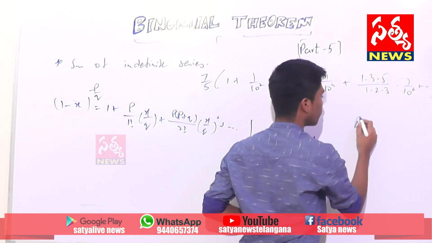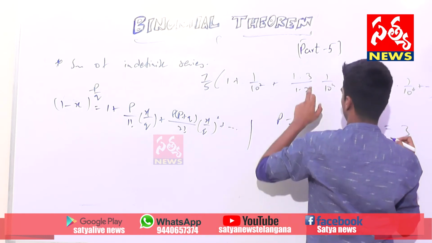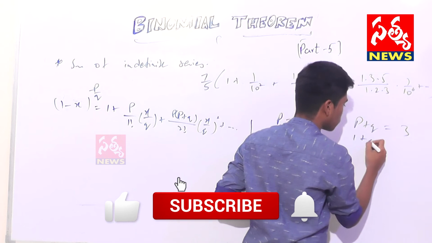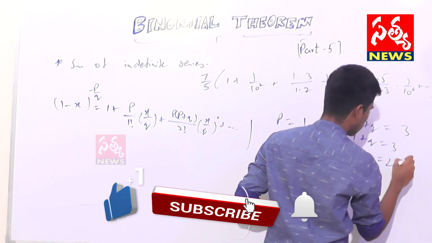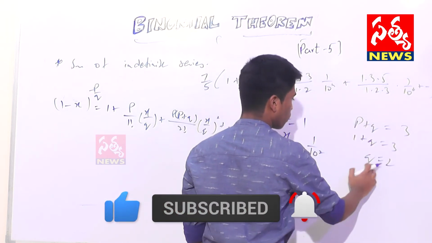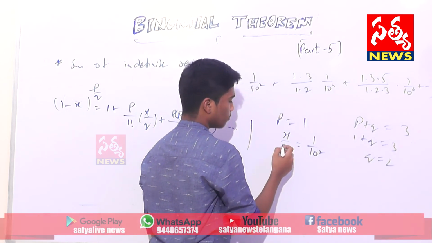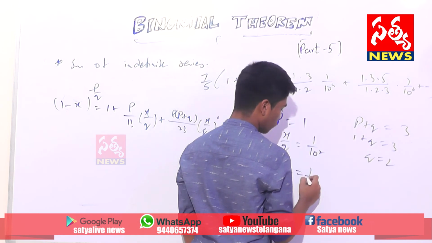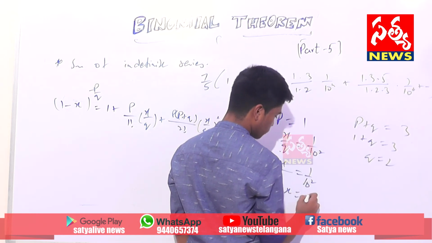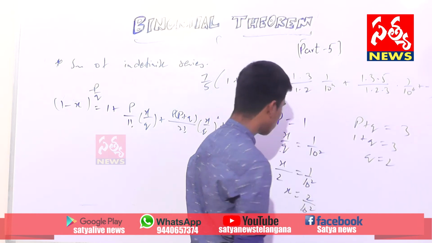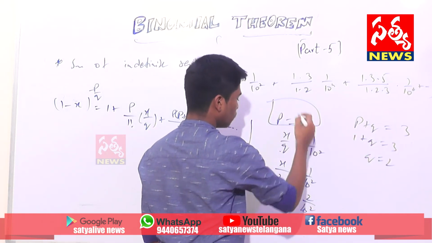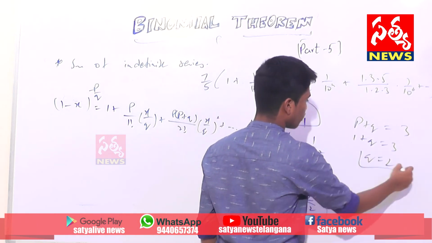From here we get p plus q is equal to 3. We have the value of p as 1, so 1 plus q is equal to 3, q is equal to 2. Now we got the value of q. Put it here so that we get x. x by 2 is equal to 1 by 10 square, so x is equal to 2 by 10 square. So these are the values: we have the value of p, the value of x, the value of q.